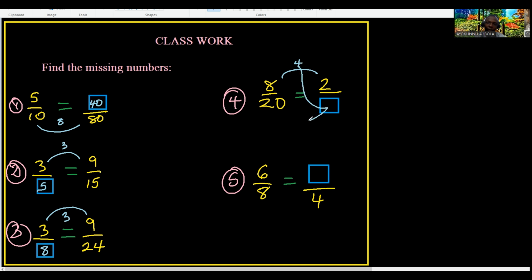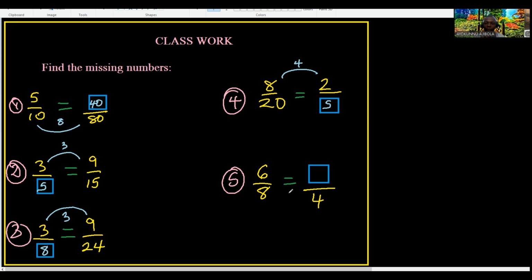No, 4 times something will give me 20. That's 4 times 5, okay? So I can say 2 times 4 is 8, then 5 times 4 is 20. Is that clear?